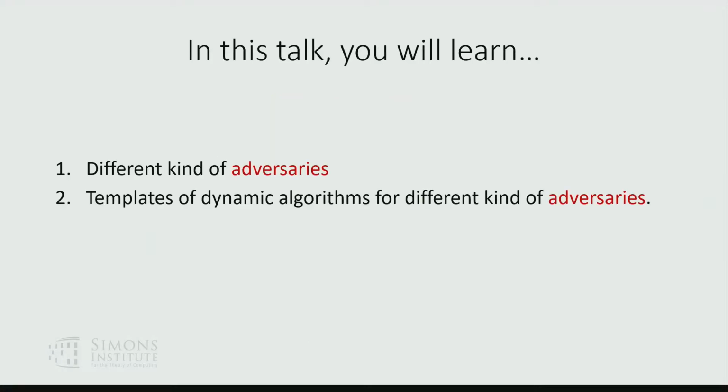So in the next talk, you will learn different kinds of adversaries. There are many kinds actually. And you will see templates again, like templates for designing algorithms for different kinds of adversaries. I think that would conclude for today. Thanks.